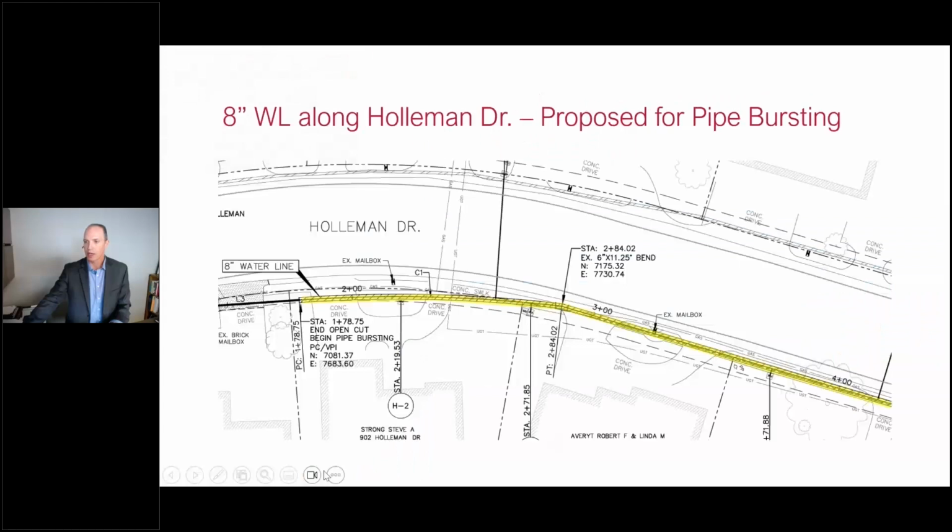The next one I wanted to talk about: as I mentioned, most of the 8-inch water lines that we were replacing in the neighborhood, we had proposed pipe bursting. This 8-inch line along Holloman Drive was one of the ones that we initially proposed pipe bursting. It was about 900 feet, one of the longer segments that we were replacing, and we had specified it as pipe bursting.